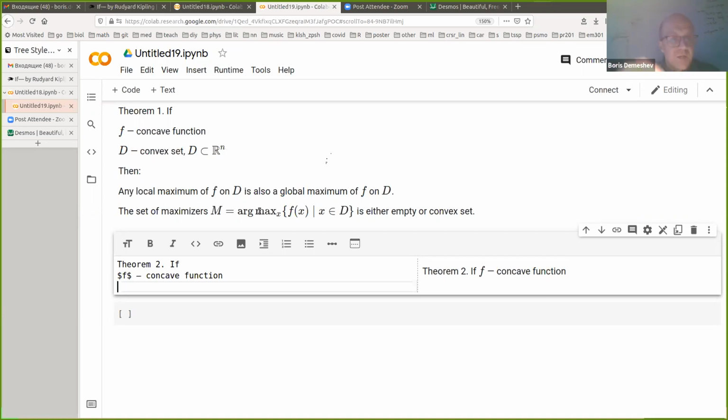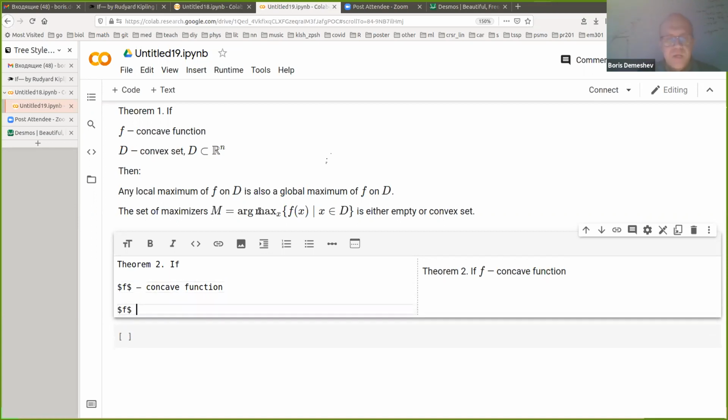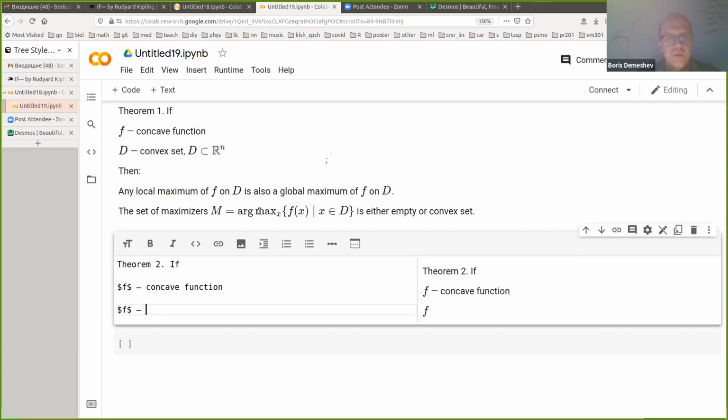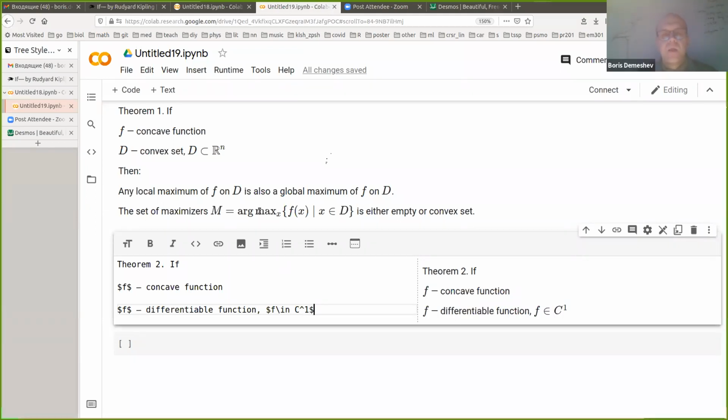It should be differentiable. We now work with the first derivative. f is a differentiable function, so f belongs to C1. It is differentiable at least once.